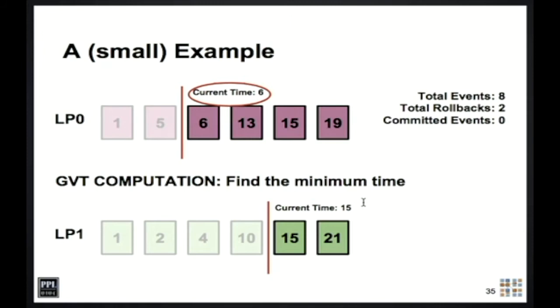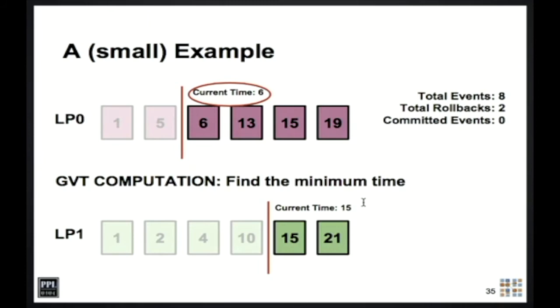So we need to do a complete barrier and wait for all the events to be received so we have an accurate representation of what the current time is. Once we know this minimum time, we can let all the processors know what it is, and we now know that it's impossible for any rollbacks to happen that would require us to go before time 6.